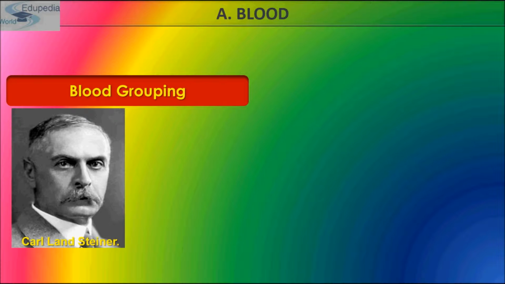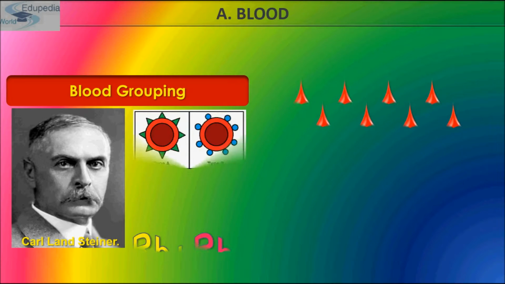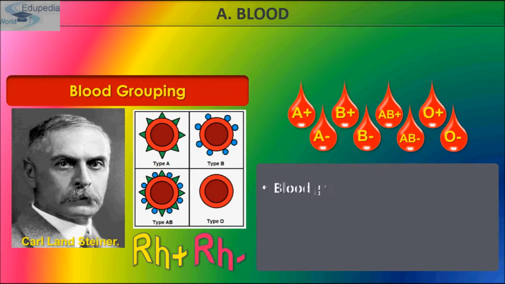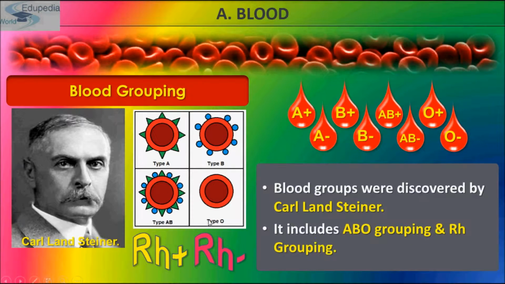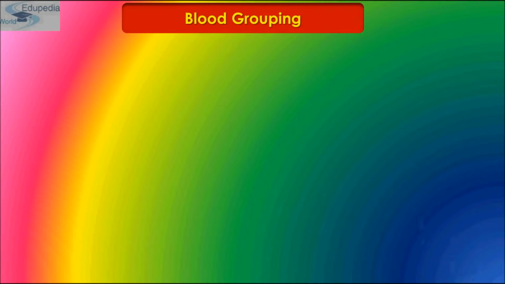There are three alleles of the gene: IA, IB and IO. The proteins produced by the IA and IB alleles are called antigen A and B respectively. So there are five types: type A, type B, type AB, type O, and Rh positive and Rh negative.